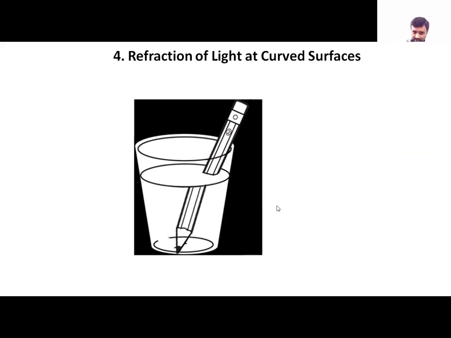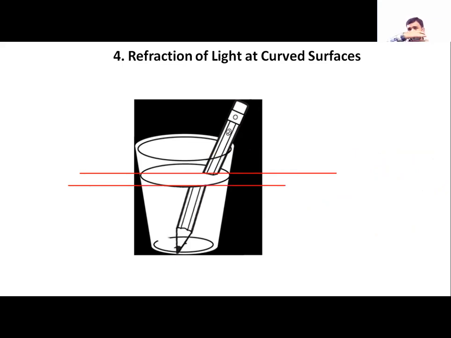So I can use an interface, which is separating the two media. This is the interface. It is single only, but you are unable to see that plane surface. From the side view you can see a single line, but I'm showing you from somewhat above, so that's why I've taken two lines here. One interface only, a plane.